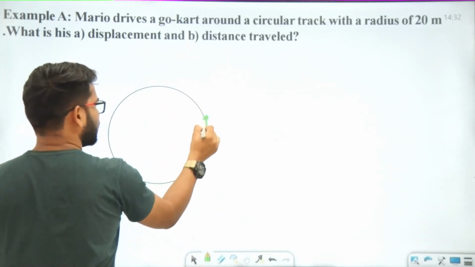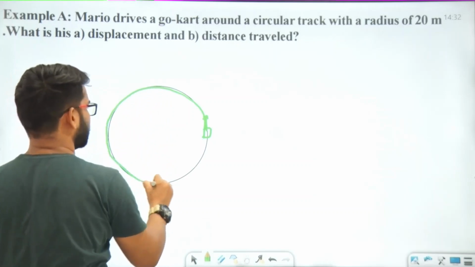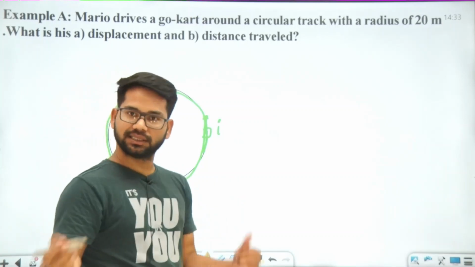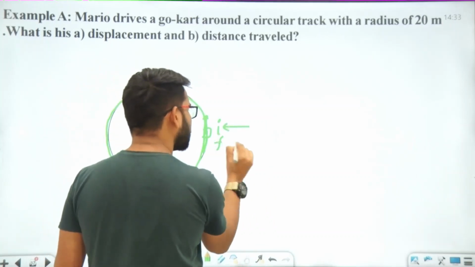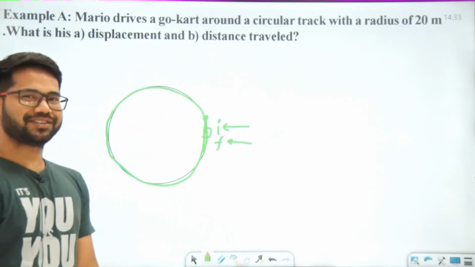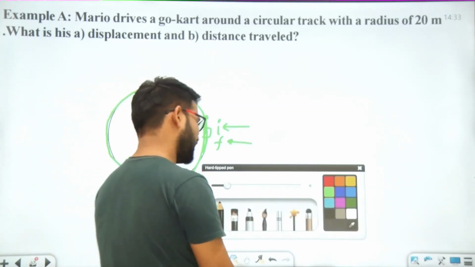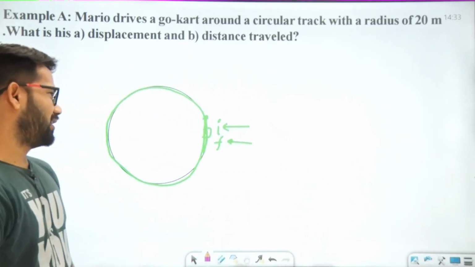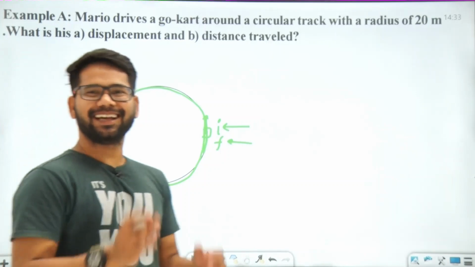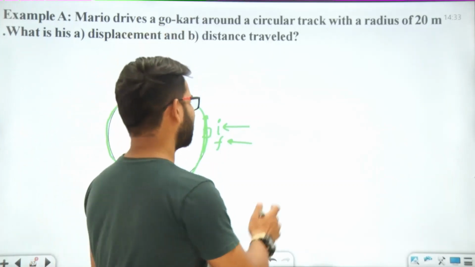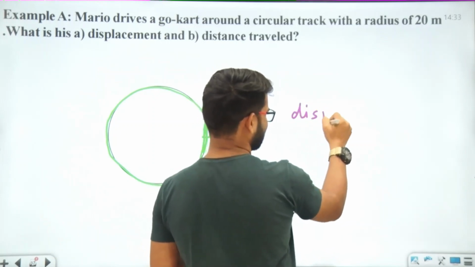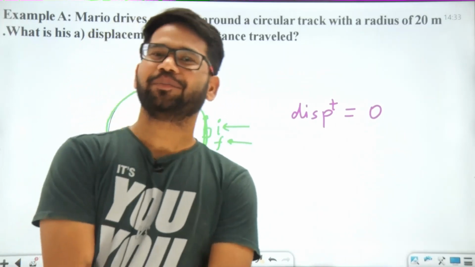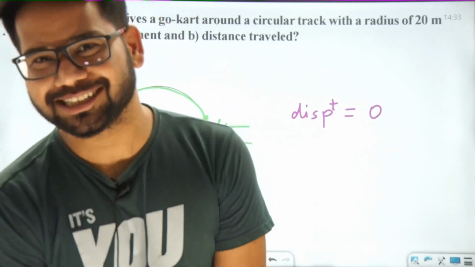Mario moves from the initial position, and this is also the final position. So what will be the displacement? Since initial and final position are the same, displacement will be 0. Why is displacement 0? Because initial and final position are the same.